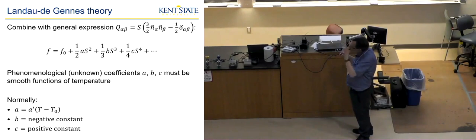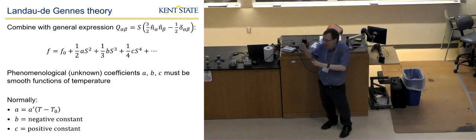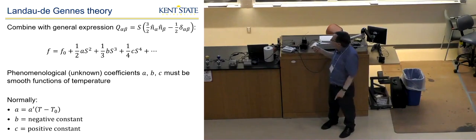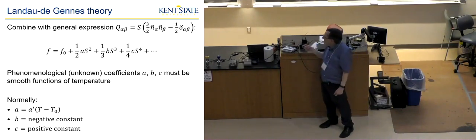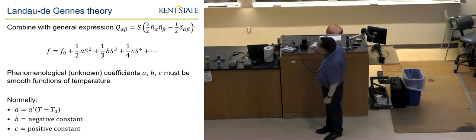Normally, in the study of phase transitions, the quadratic coefficient turns out to pass through zero, that it is positive at high temperature and becomes negative at low temperature. The others tend to be constant. In this case, I'll tell you B is a negative constant, C is a positive constant.